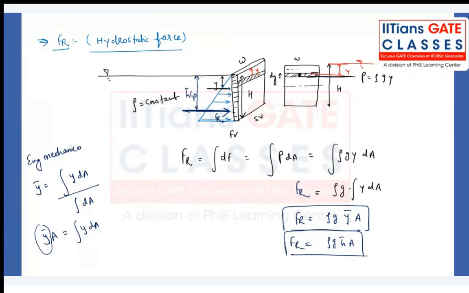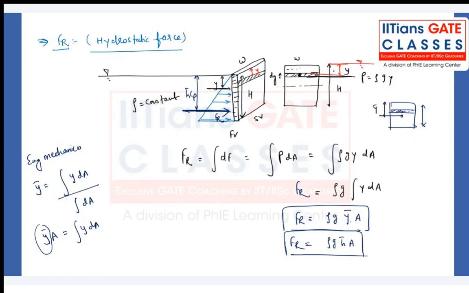Because if you integrate y into dA over the whole strip, from here to here, you will get y bar into area. Y bar is nothing but the centroidal distance from the free surface.